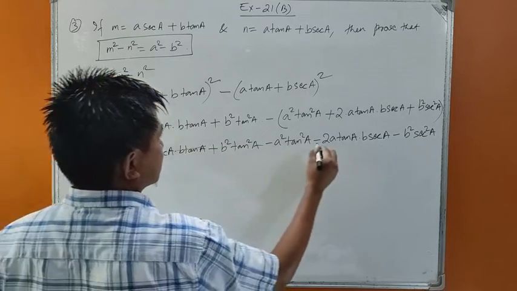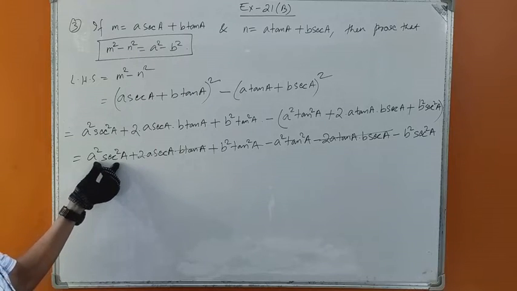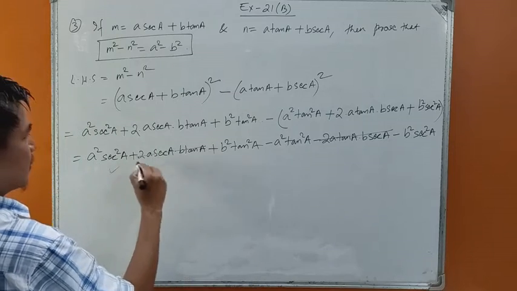So let's cancel this out, isn't it? Now a square sec square a minus a square tan square a, we write these two together, okay.